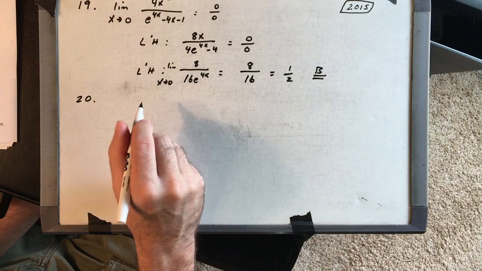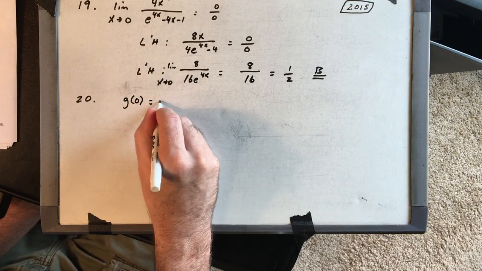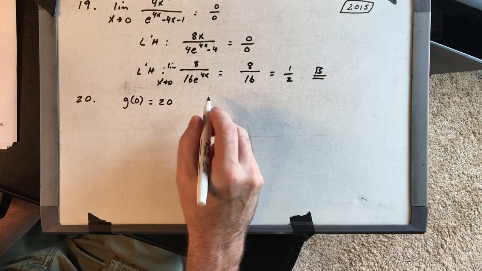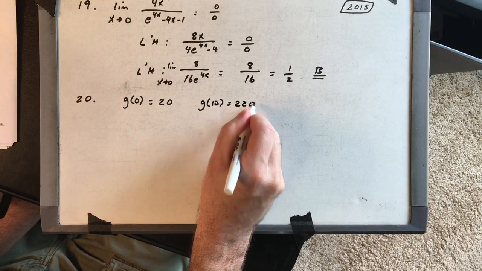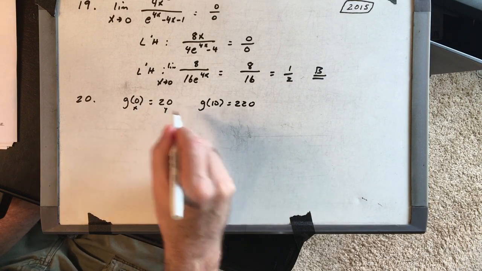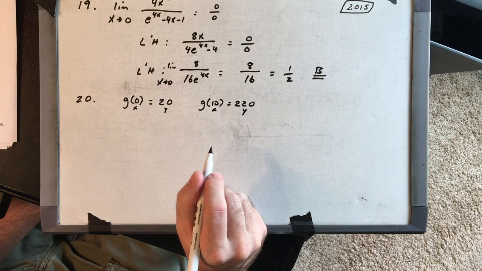Number 20. It says g of 0 is equal to 20, and g of 10 is equal to 220. Remember, that's the x value, that's the y value. That's the x value, that's the y value. Which of the following must be true between 0 and 10?